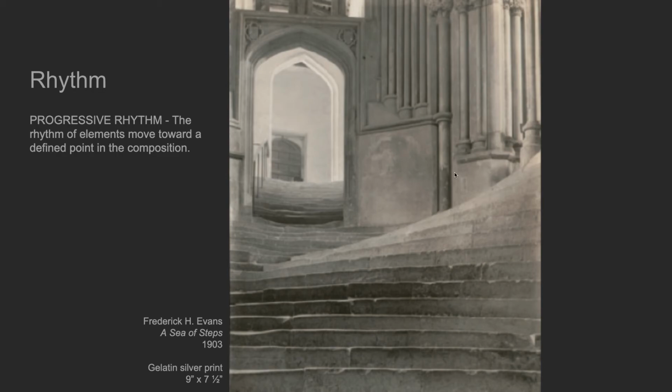Well, a progressive rhythm is where this line is happening in a predictable way, but it's progressively doing something. In this instance, the progressive rhythm means that it's progressively, in the image, getting closer and closer together. That's progressive rhythm. You can predict that.